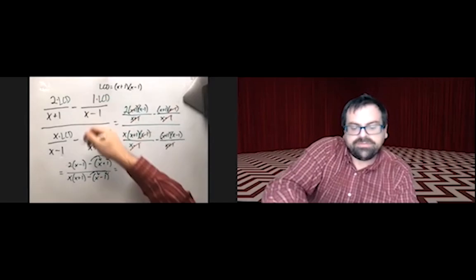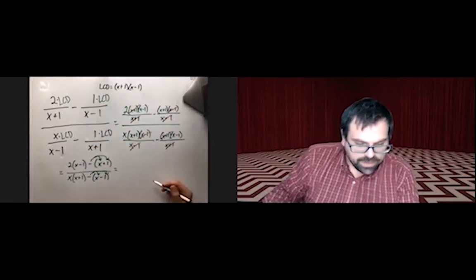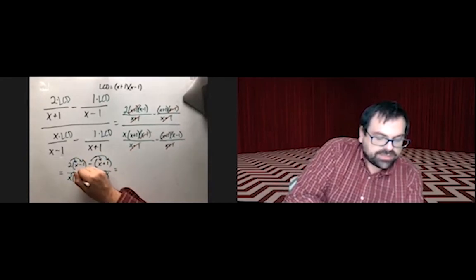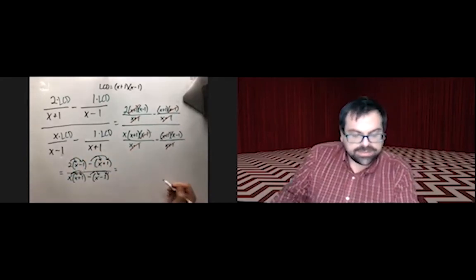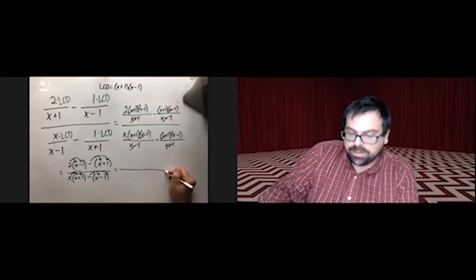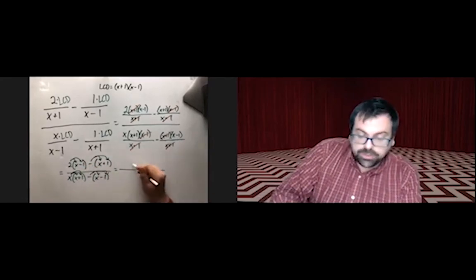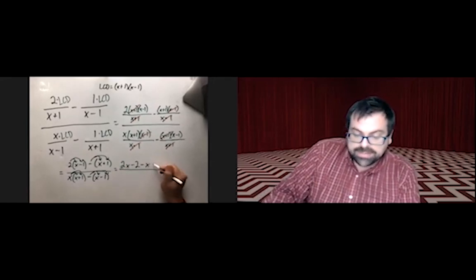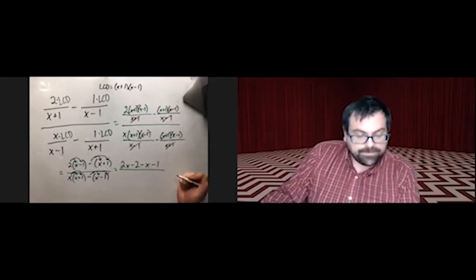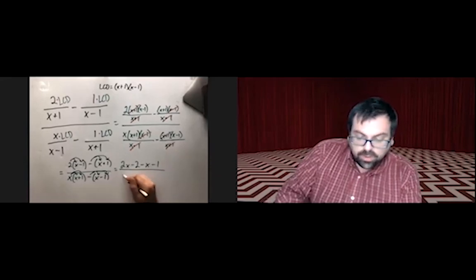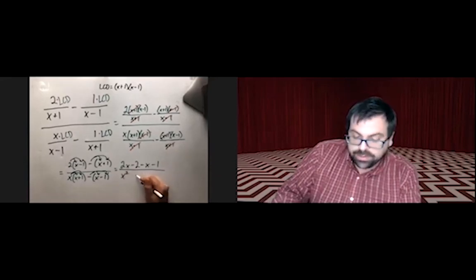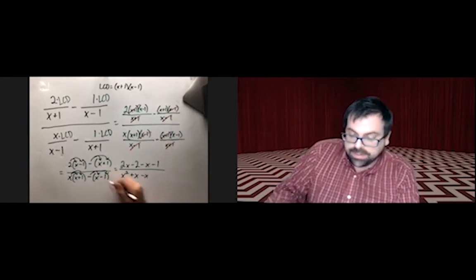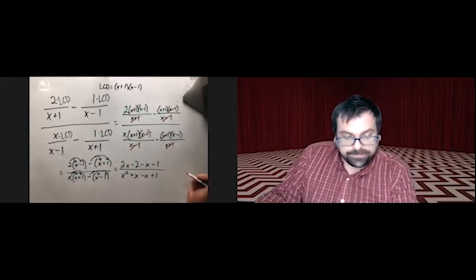And this time they are, in fact, both negatives. Just like we distribute the 2, or just like we distribute the x. We get 2x minus 2 minus x minus 1 over x squared plus x minus x plus 1.